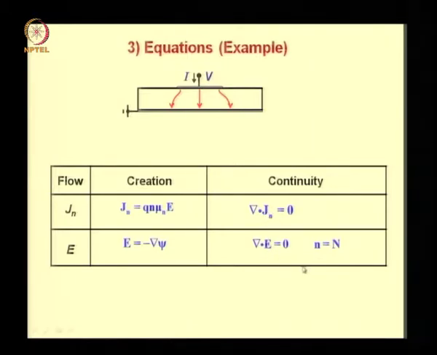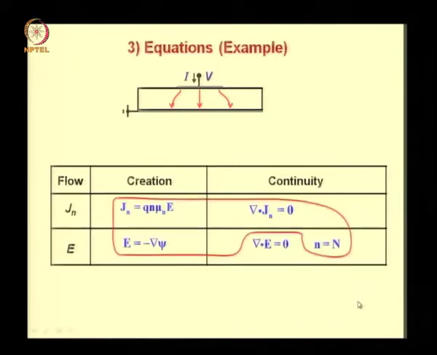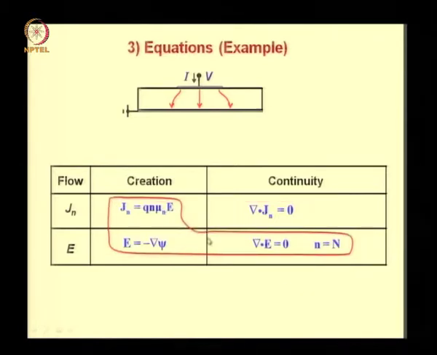This is because our space charge equal to 0 approximation has the corollary that diffusion is neglected and generation recombination is also not there. Therefore, one can use any one of these two equations in the solution. So I can either use these 4 equations, or I can use these 4 equations.